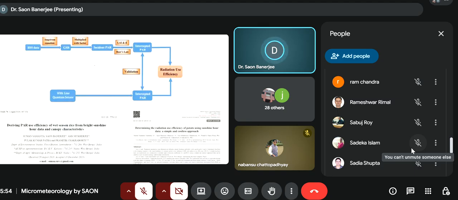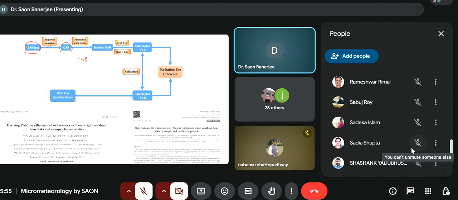Now, if you don't have the line quantum sensor, what can you do? If you have BSS data, bright sunshine hour data, from that you use the Angstrom equation and you can get the global solar radiation data. And from that global solar radiation, there is one multiplication factor. Generally, it is 0.48.